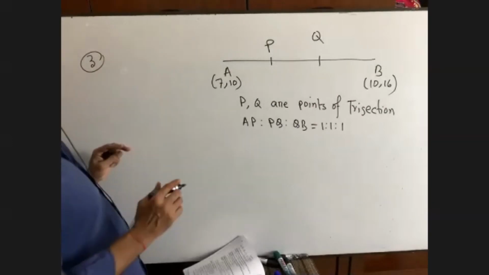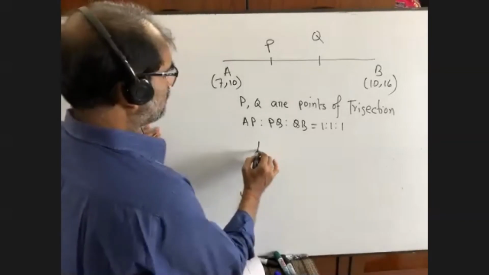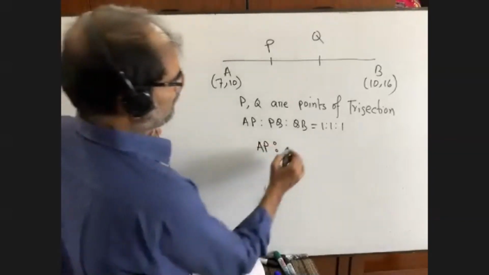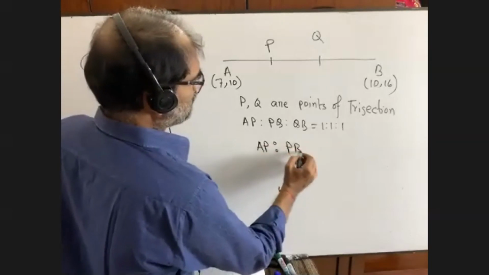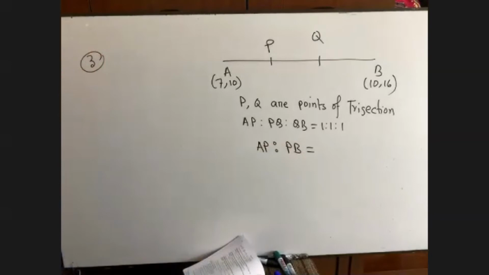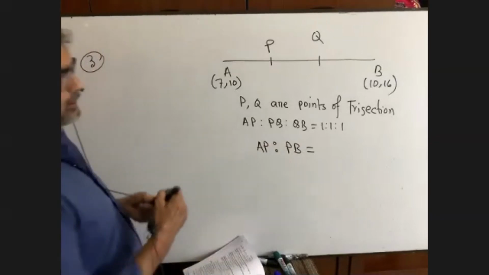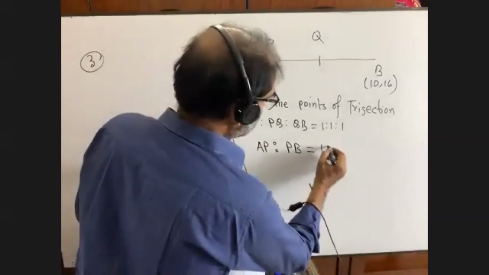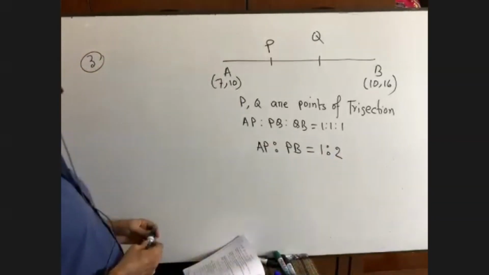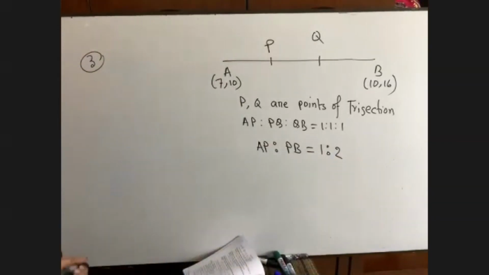No? Okay, very good, not a matter. Can you let me know, AP is to PB equals what? Who can tell me? One is to 2, right? Talk to me.